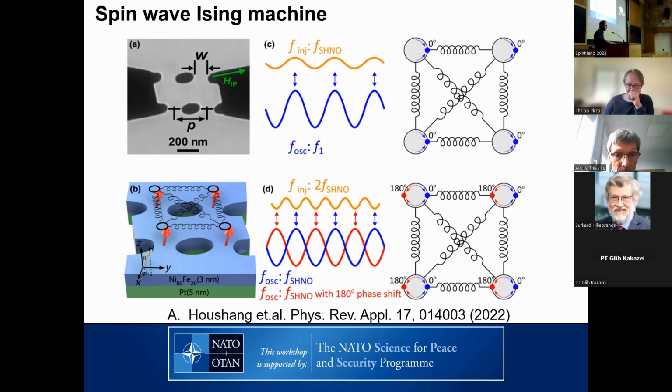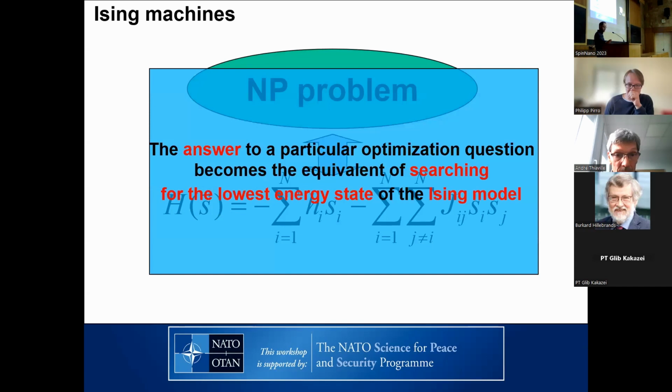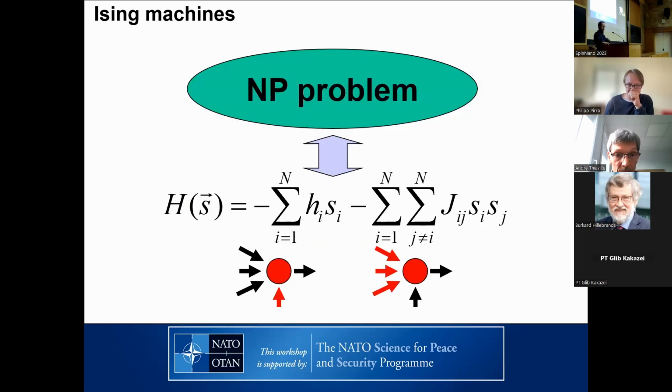So basically we arrive at a system that can have two distinct states, with phase going clockwise or counterclockwise, and that is all we need to introduce the simplest Ising machine, because as you know, in Ising machines, these sigma operators are basically spin operators.